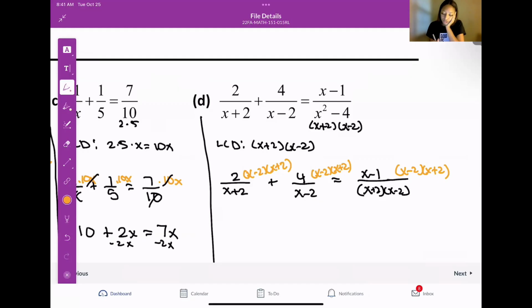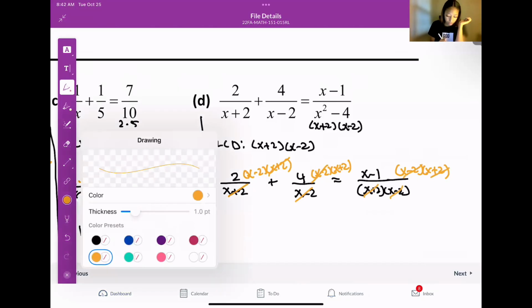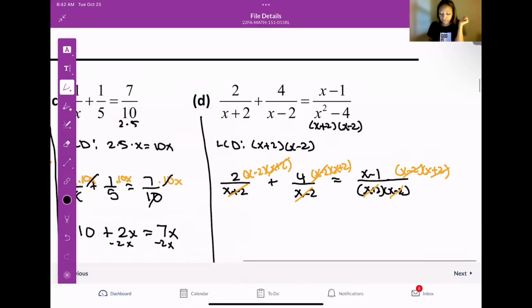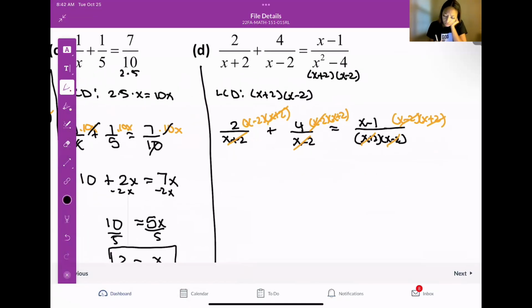So in the first expression, the x plus 2's cancel. In the second expression, the x minus 2's cancel. And on the other side of the equal sign, both terms in the denominator cancel.